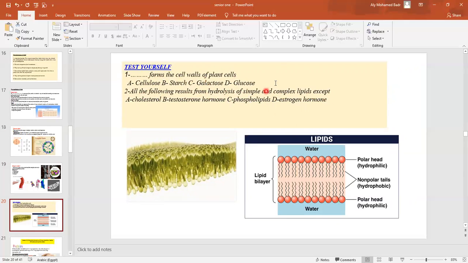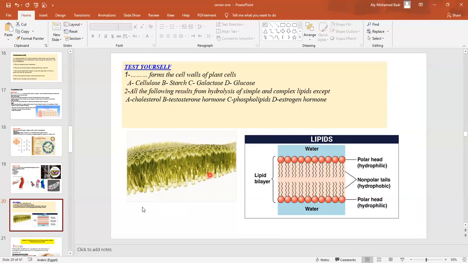These are derivative lipids. Cholesterol is a derivative. Testosterone is a hormone, so it is a derivative. Phospholipids is not a derivative, so this is the one. Estrogen is a hormone, so it is a derivative.